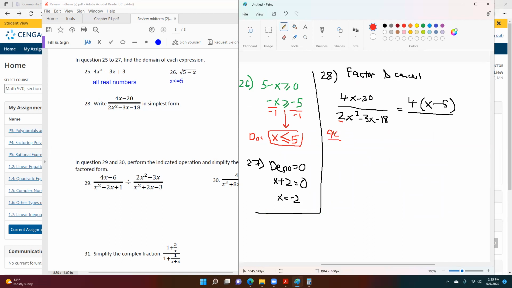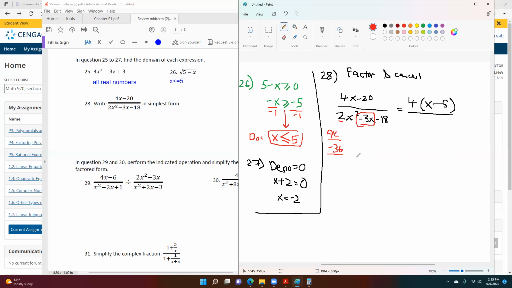So what is 2 times negative 18? Negative 36. So you need to give me factors of what times what is negative 36, that when you add up, you get negative 3x, right? So anyone?